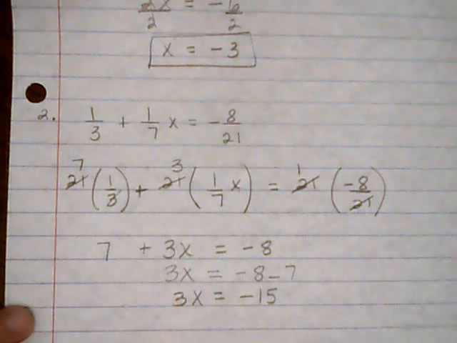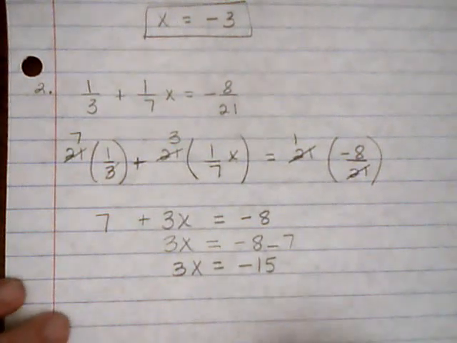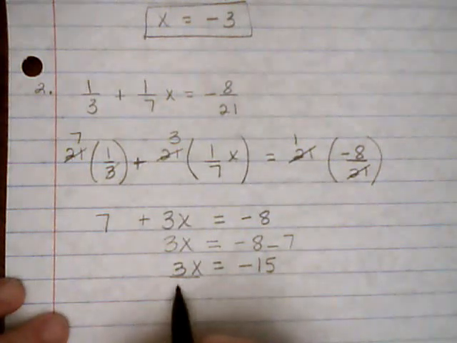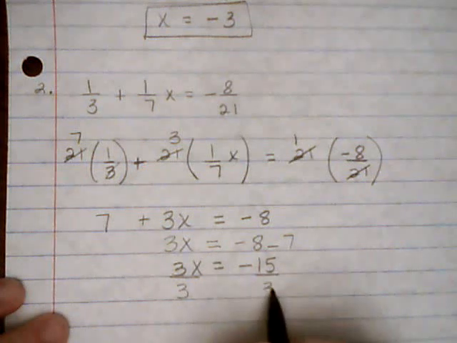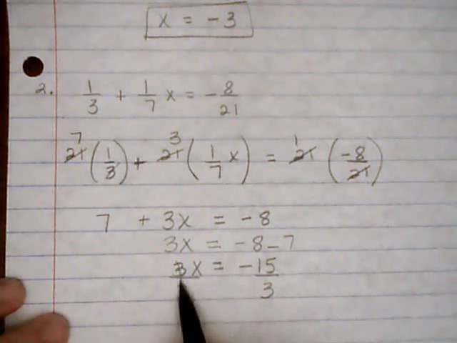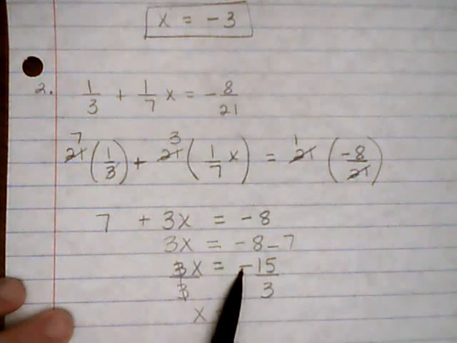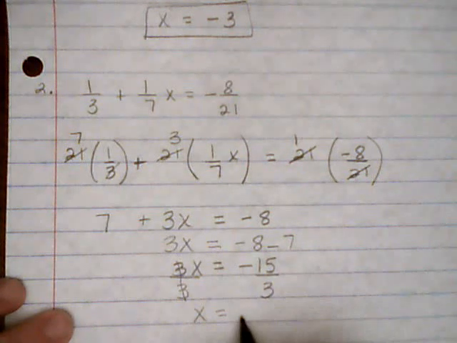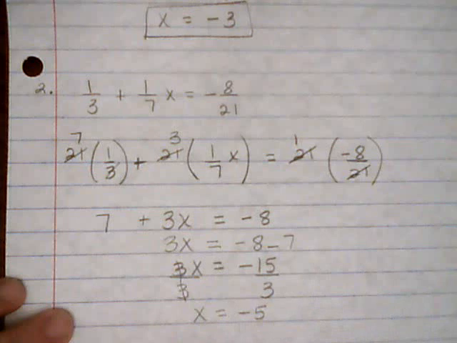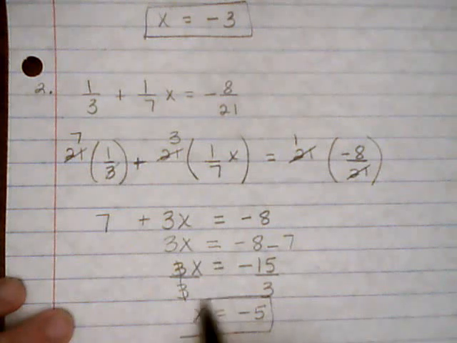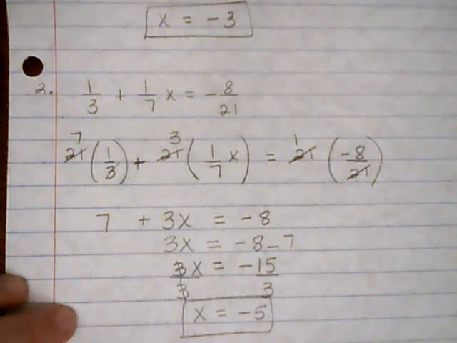Remember, add and keep your sign. And then divide by the number in front of your variable. So when I divide by 3, this will be 1x is equal to negative 15 divided by 3, which is negative 5. So my solution would be x is equal to negative 5.